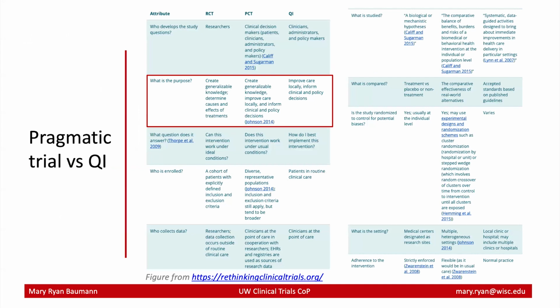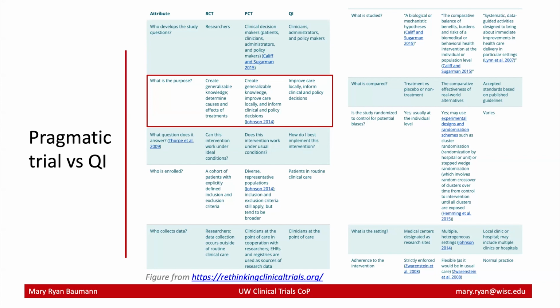There is a very useful table that can compare the conditions under several different domains of regular explanatory clinical trials, pragmatic trials, and quality improvement work to ask, where does the research fall in terms of this question? I think the most important one to focus in on, whether you're trying to determine if you're doing pragmatic trial work or quality improvement work, is basically, what is the purpose of the work?